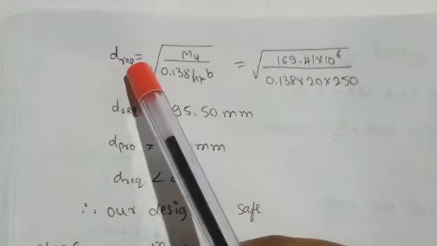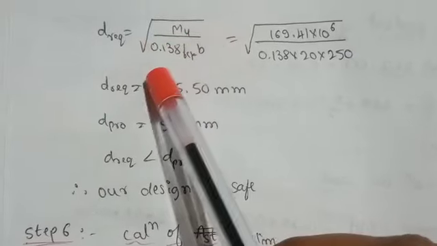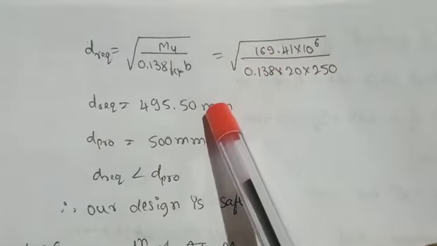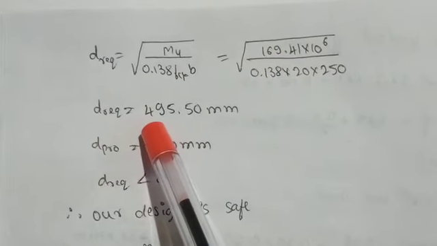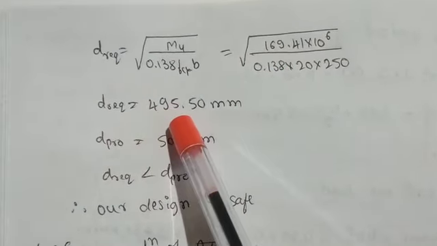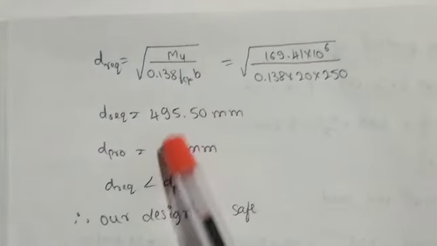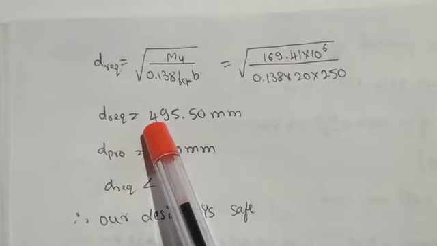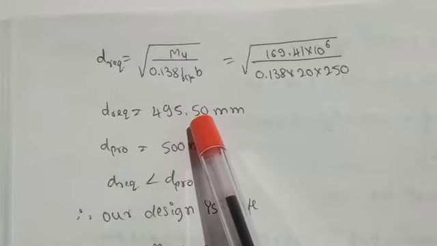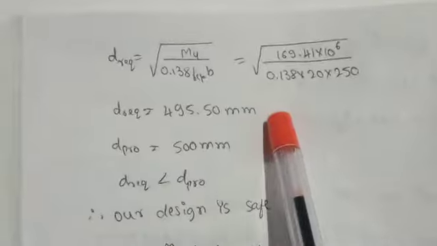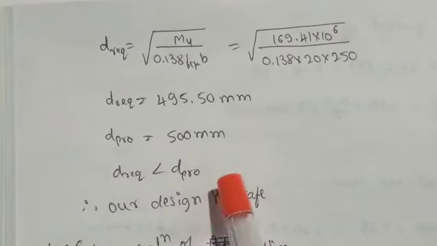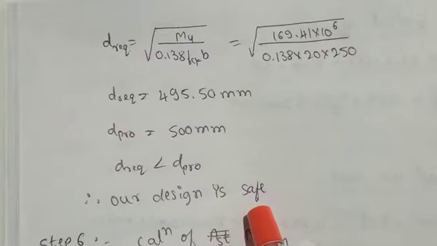So D required is equal to the square root of Mu divided by 0.138 FCK B. Substitute all the values, simplify this, we will get D required as 495.50 mm. Our D provided is 500 mm. So our D required is less than D provided. So our design is safe.